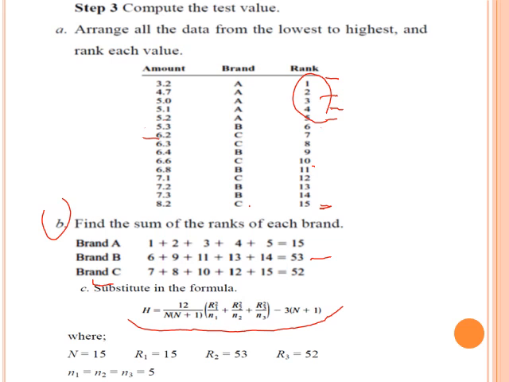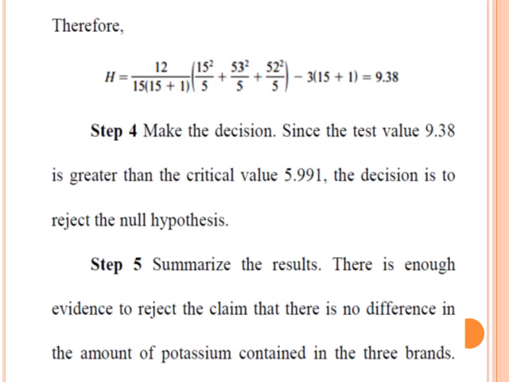Just substitute in the H formula, the formula for the Kruskal-Wallis test. R1 equals 15, so we have R1 squared over n1, the sample size for the first brand, which equals 5. R2 squared equals 53 squared over n2, which is also 5.